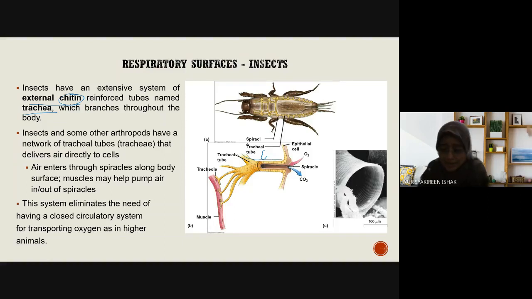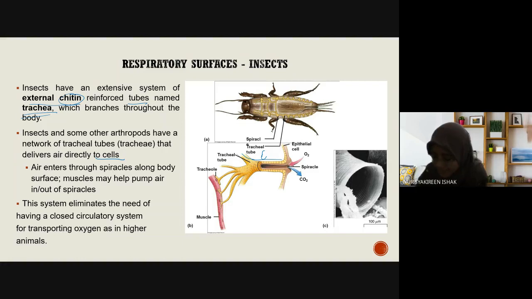So air tubes, okay, which is trachea, air tubes. Okay, so from trachea branches throughout the body. So insects and some other arthropods, okay, such as a grasshopper, so have a network of tracheal tubes, okay, or trachea that deliver air directly into cells.